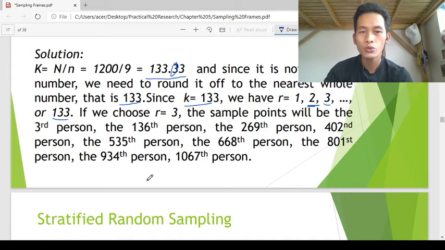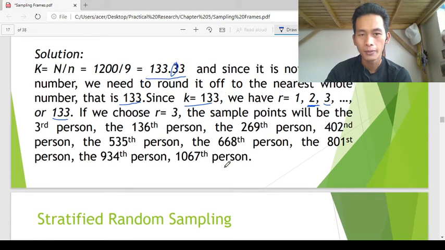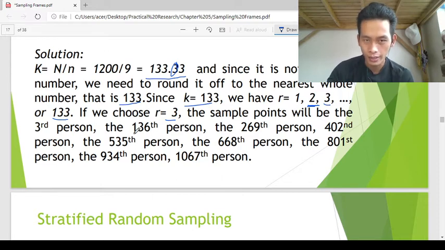Now if you choose R equal to 3, so now the random start is 3, right? So the sample will be the third person, starting with the Rth element. Now the third person, 3 plus the interval 133, is 136. So you are going to select 9 out of 1,200.